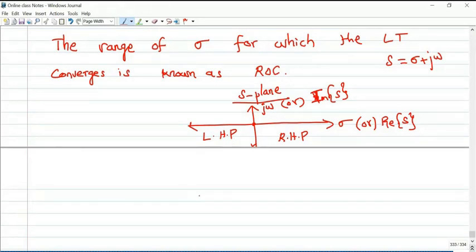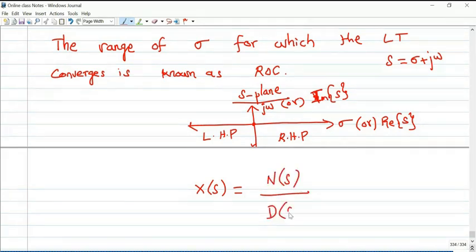And if we find the Laplace transform of a signal x of t, that is represented by x of s. So you will get numerator divided by denominator. The s term is available in the numerator and also in the denominator.